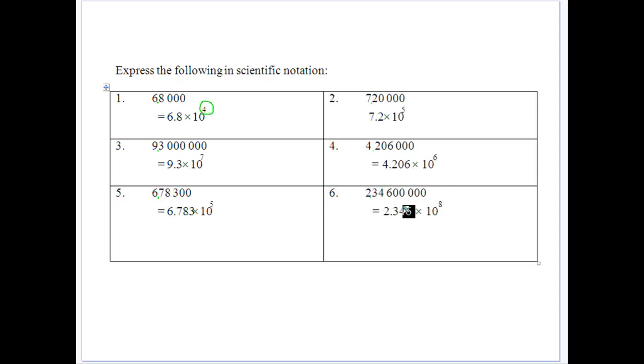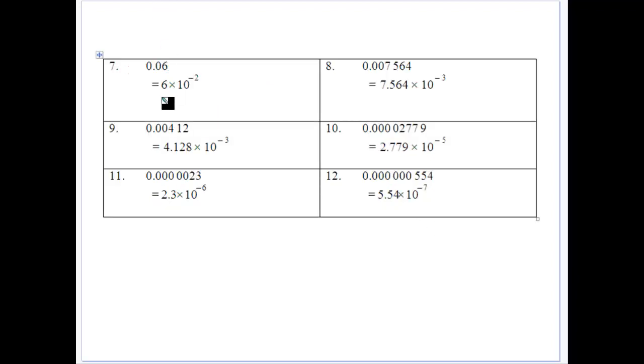Now we're going the other way. Again, we've got to get a number between 1 and 10, so this time our decimal place is moving this way. We need 6, or 6.0 if you like, and we've moved it 2 decimal places to the right, so it becomes 10 to the power of -2. For 7.564, we moved 1, 2, 3 decimal places.